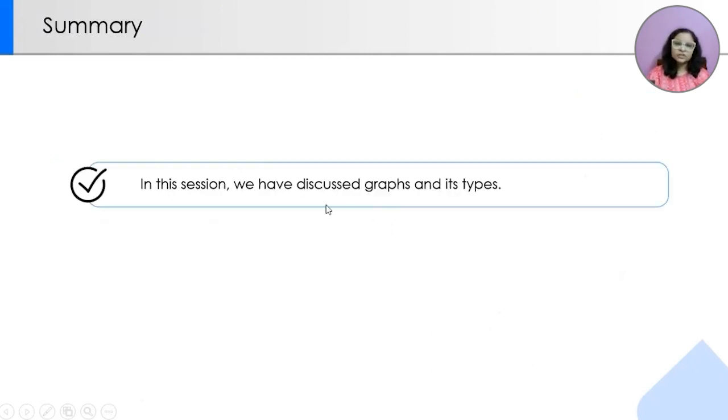So in this session, we have discussed graphs and its types. We discussed the definition of graph, that it is a pictorial representation of objects and the relationship between them. Then we discussed simple graph, where each vertex is connected to another vertex with at most one edge. Then we discussed multigraph, where two vertices could have two edges between them.